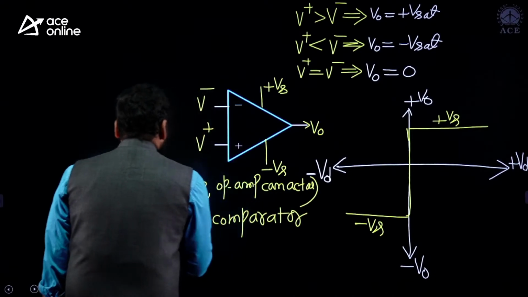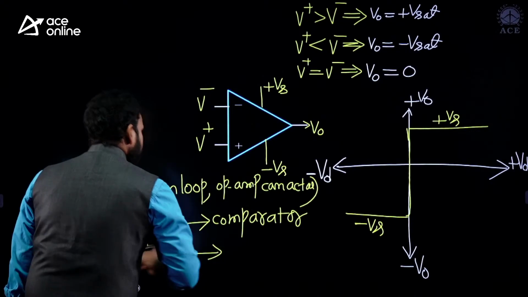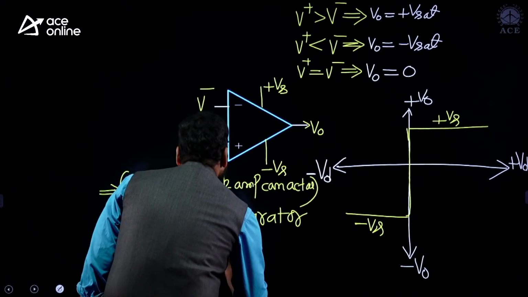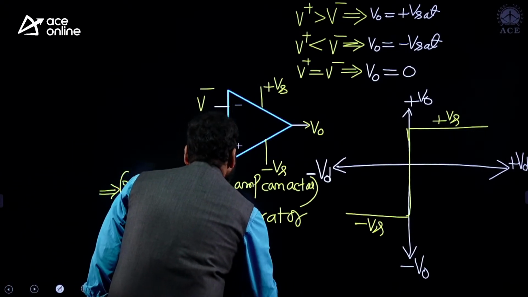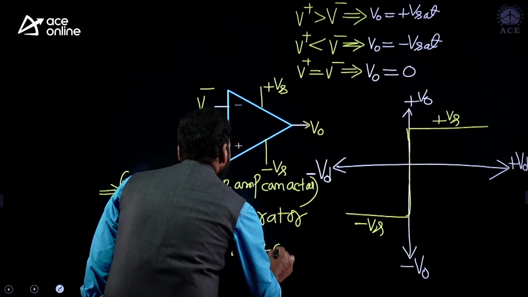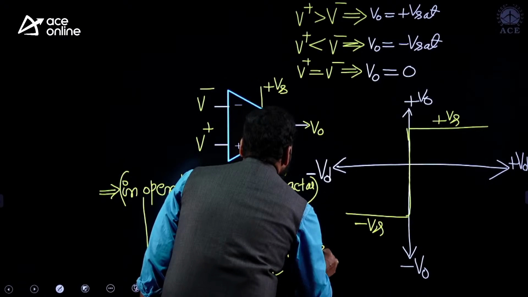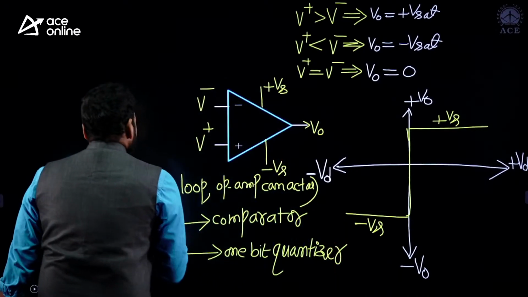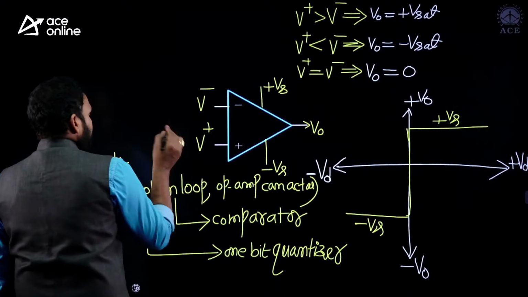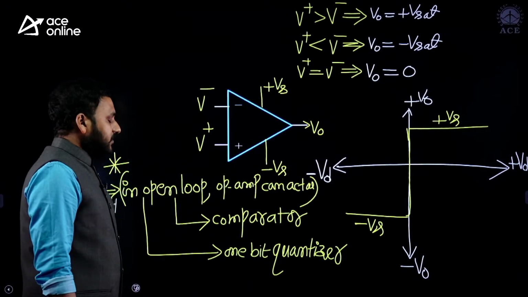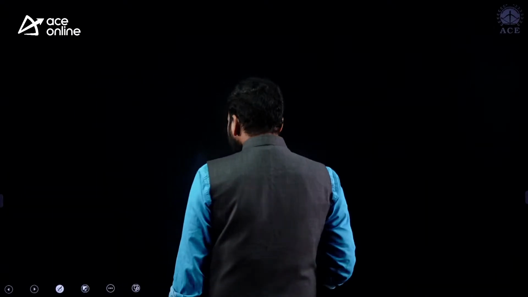This is given, and this is also given in the exam. 1-bit quantizer. Right? You got 2 objective bits from here. And the third objective bit is already given in the SSC JE paper.